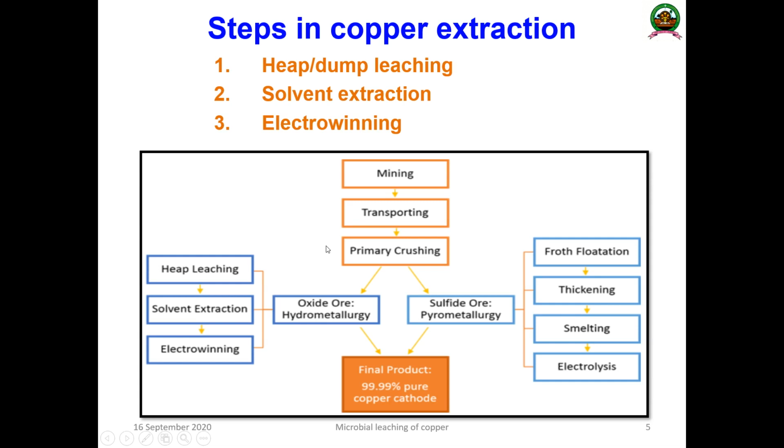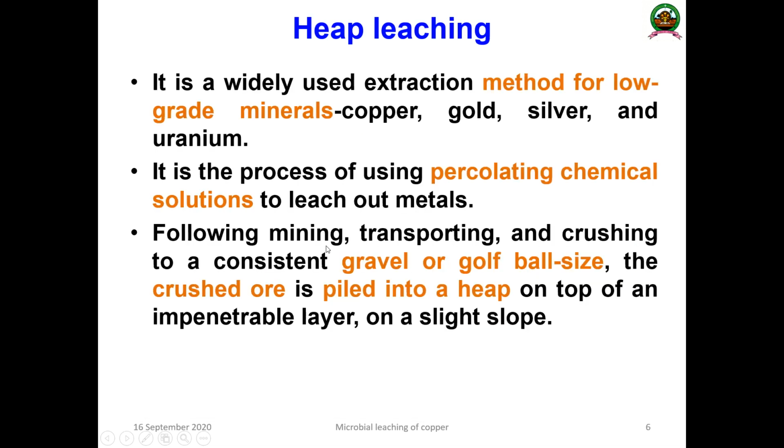Now we will discuss all three steps very briefly. Heap leaching is widely used for the extraction of low-grade metals such as copper, gold, silver and uranium.